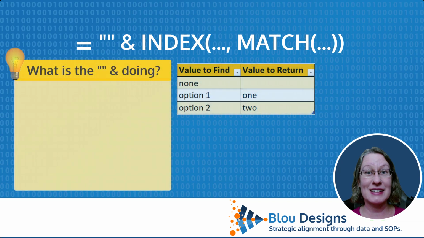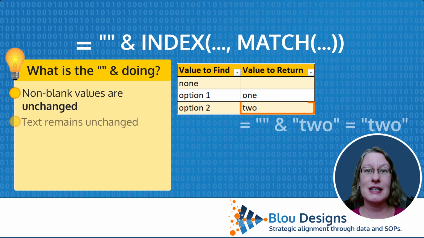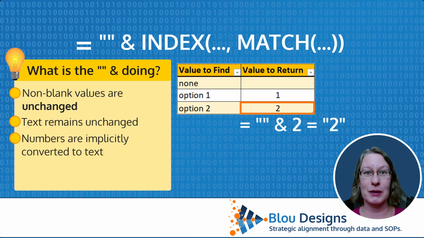So what exactly is this doing? If your lookup function is returning a non-blank value, that value remains unchanged by this manipulation. So text, like the word "to", would still be the word "to" without any extra spaces. But if your lookup function is returning numbers, like the number 2, those numbers would be implicitly converted to text.